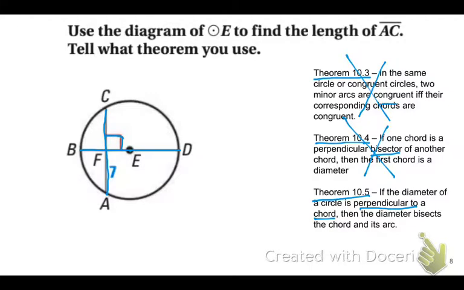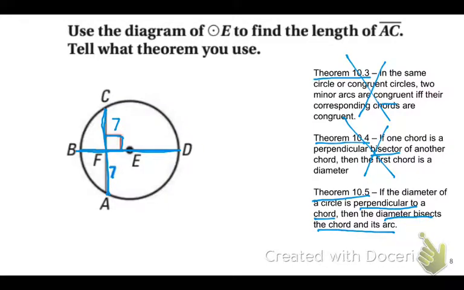So far so good. Then the diameter bisects the chord and its arc. And this tells us that this half of the chord is 7. So if this is a bisector, then this has to be 7 also.